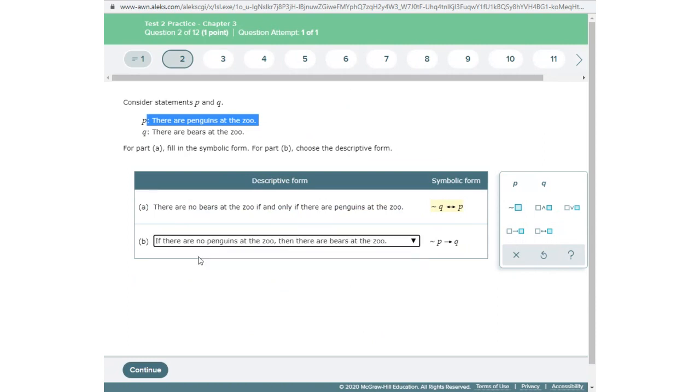Does that one look good? If there are no penguins at the zoo, then there are bears at the zoo. All right.